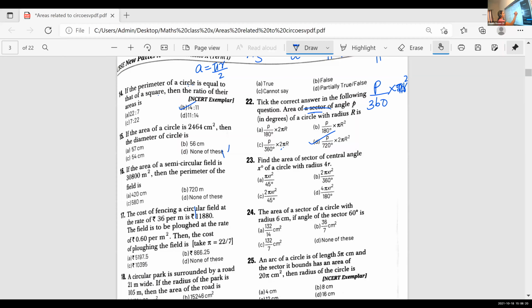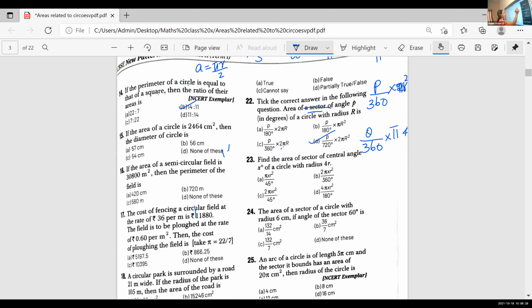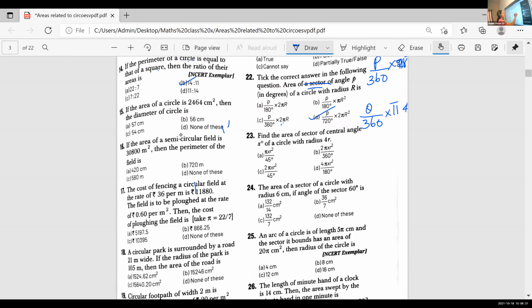So what is the formula for area of the sector? Theta by 360 into pi r square. But instead of r, here we have to put 4r, isn't it? Theta is here x, so x by 360 into pi into 4r the whole square. Simplify this, you'll get the answer.